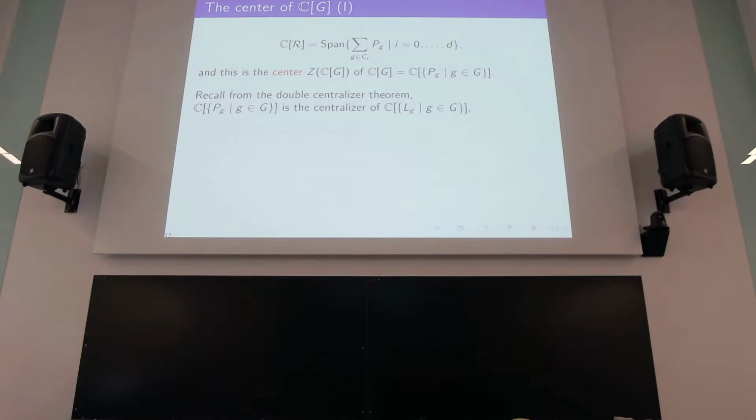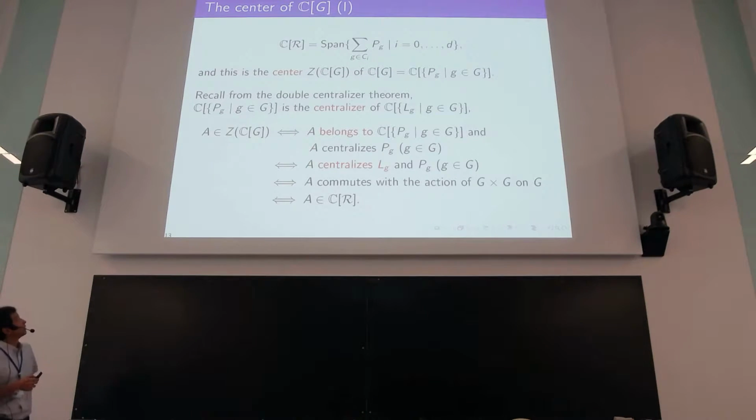So what does it mean? A belongs to the center of the group algebra. By this group algebra, I mean this algebra. So it has to be in this algebra to begin with, but it has to centralize every element in this algebra.